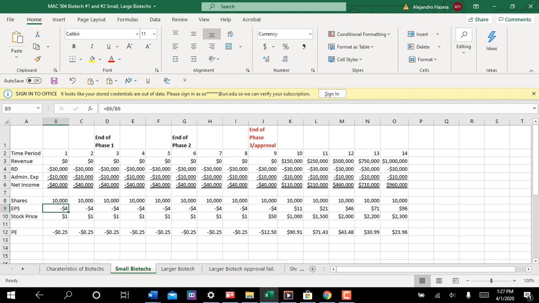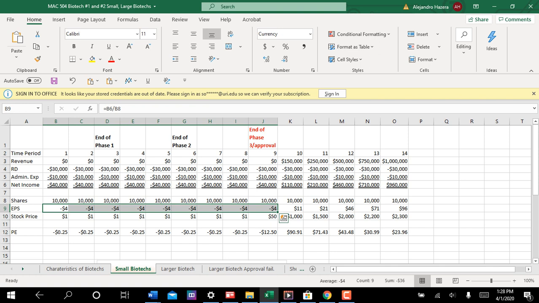Okay, the earnings per share, as you can see, for all years is just net income divided by the number of shares. Notice the pattern in earnings per share. It reflects the pattern in net income. For the first 9 years, it's a negative $4.